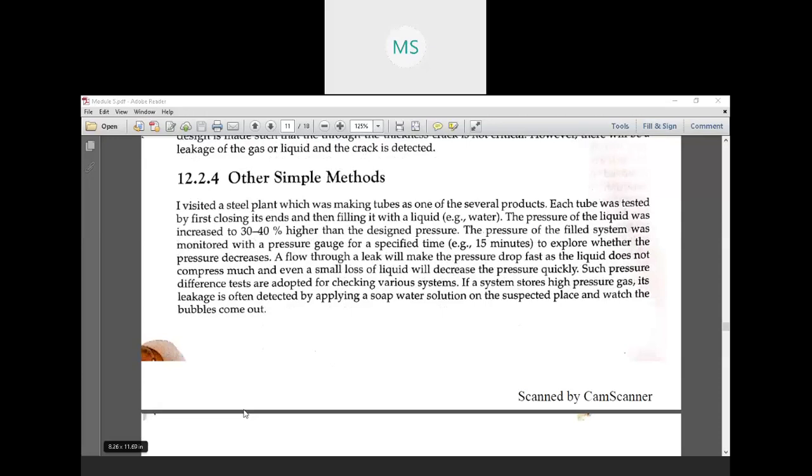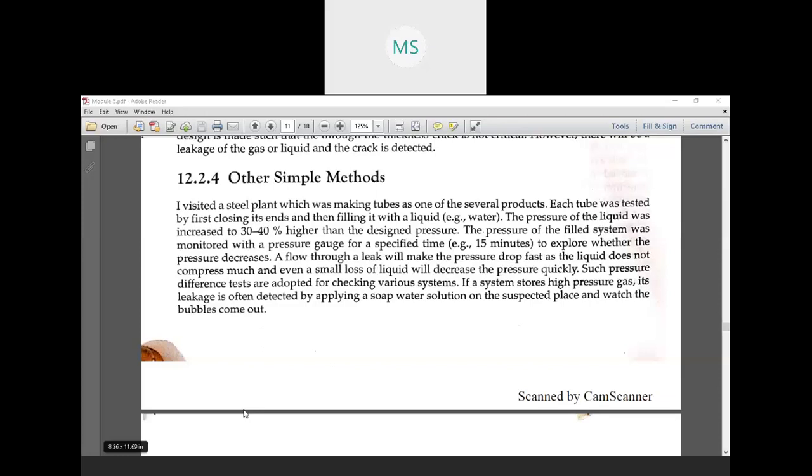I'm just reading it. I visited a steel plant which was making tube as one of the several products. Each tube was tested by first closing its end and then filling it with a liquid. The pressure of the liquid was increased to 30 to 40% higher than the design pressure. The pressure of the filled system was monitored with a pressure gauge for a specified time, for example 15 minutes, to explore whether the pressure decreased.